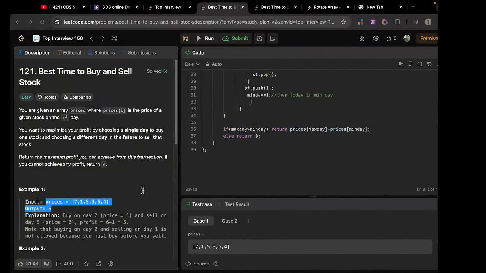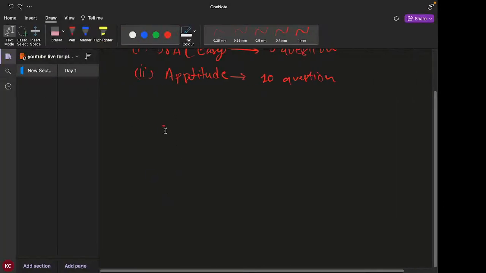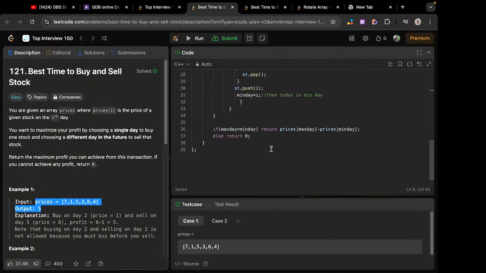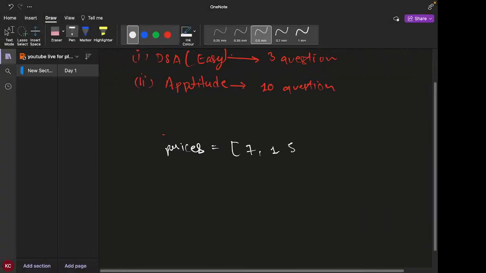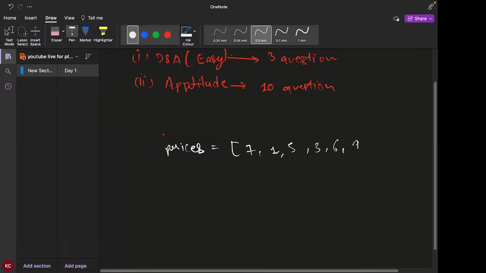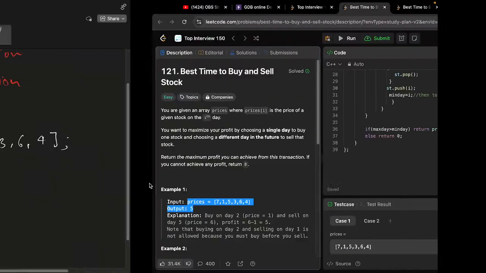Let me write it by myself. 7 1 5 3 6 4. The prices are given, 7 1 5 3 6 4, and the output should be 5.